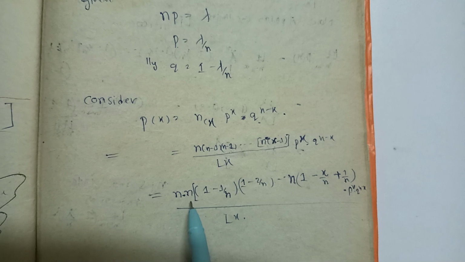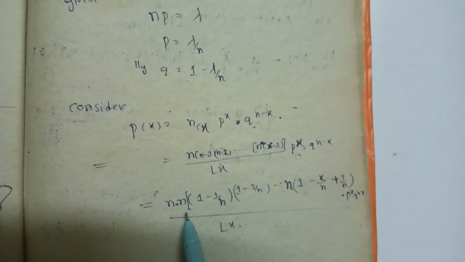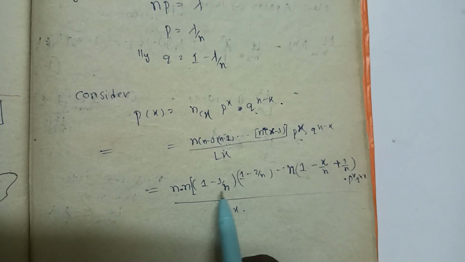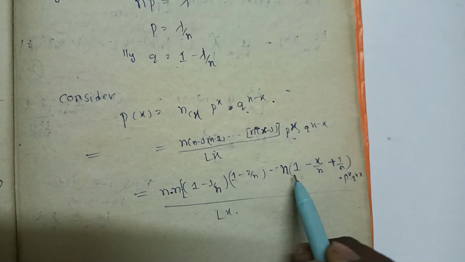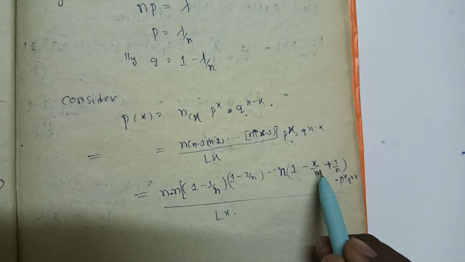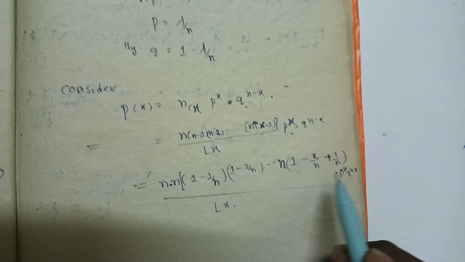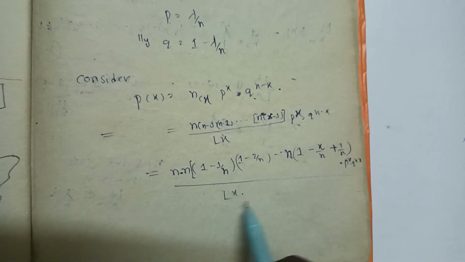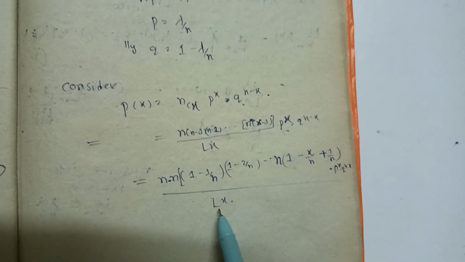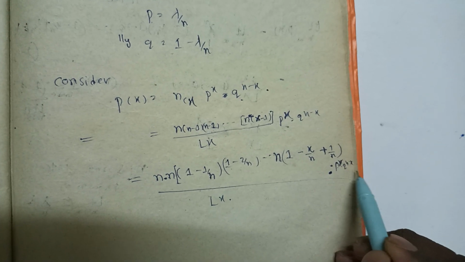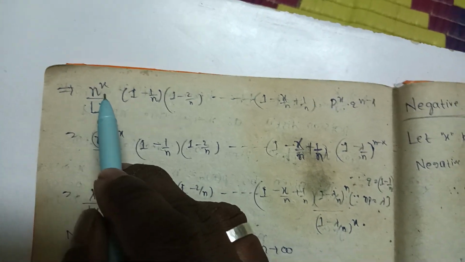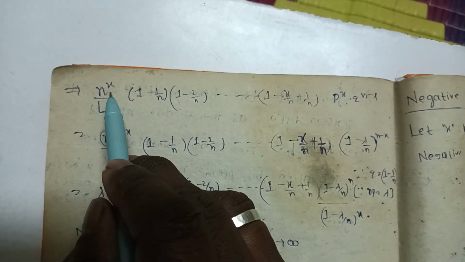If you take that n common, we get n of 1 minus 1 divided by n, 1 minus 2 divided by n, and so on, up to n of 1 minus x divided by n plus 1 divided by n. Divided by x factorial, which remains the same, and p to the power of x and q to the power of n minus x. How many values of n are there? There are x number of values.